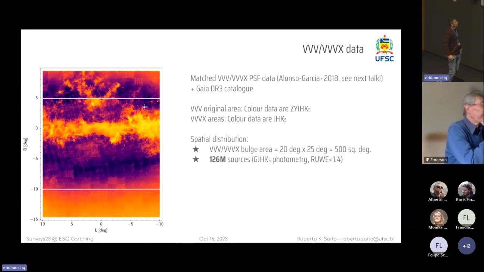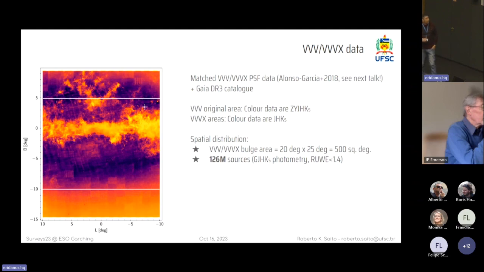Okay, so here again is a density map, now combining the DOPHOT PSF data provided by Javier, which was discussed in the previous talk, with Gaia DR3. So here is the VVVX area, below here and upper there, and this is the original VVV area.